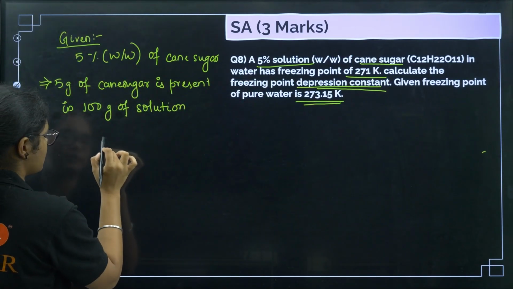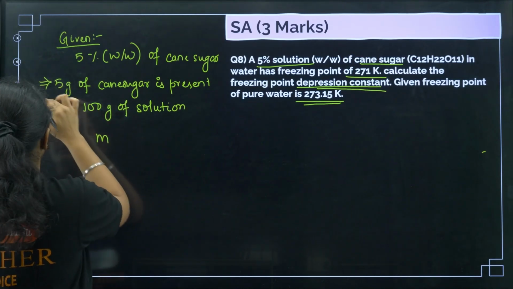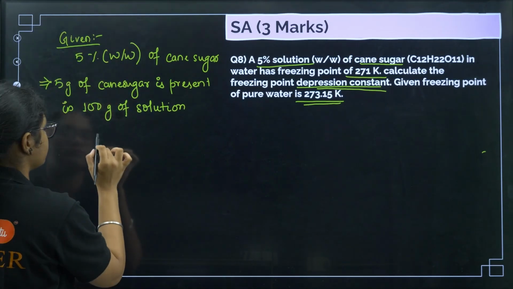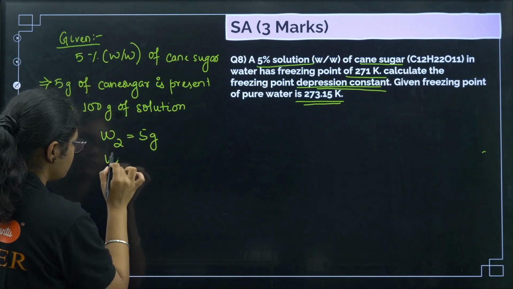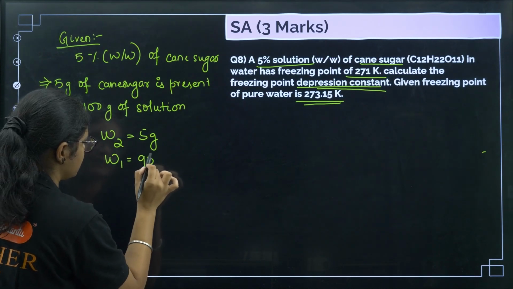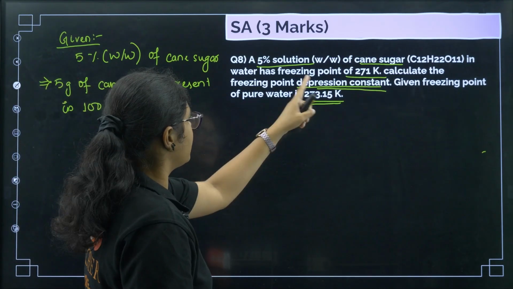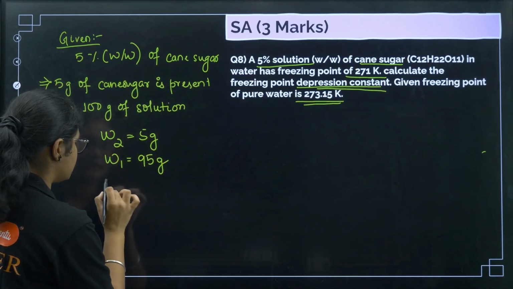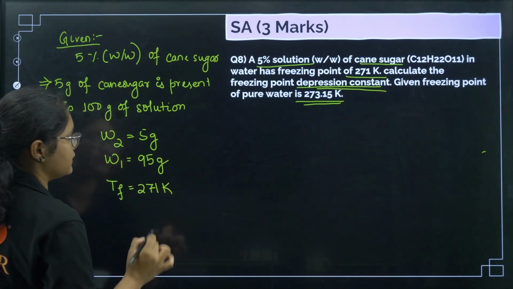So if you see here, what is there? We'll write mass of the solute, that is W2, mass of the cane sugar is 5 gram, and W1, mass of the solvent, is 95 gram. Okay, these two you should remember. Then freezing point Tf is 271 Kelvin.